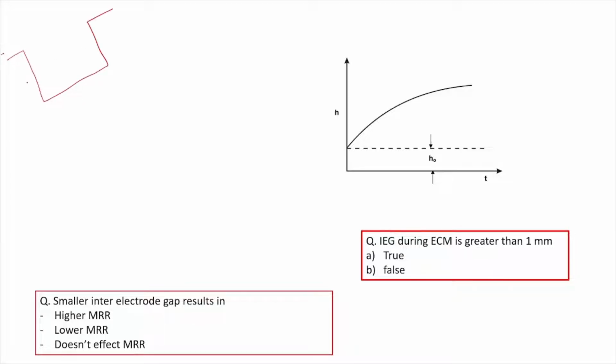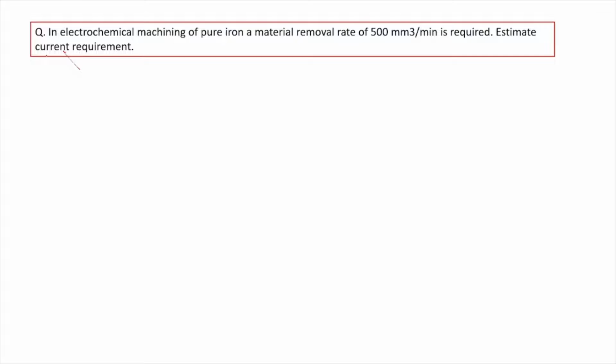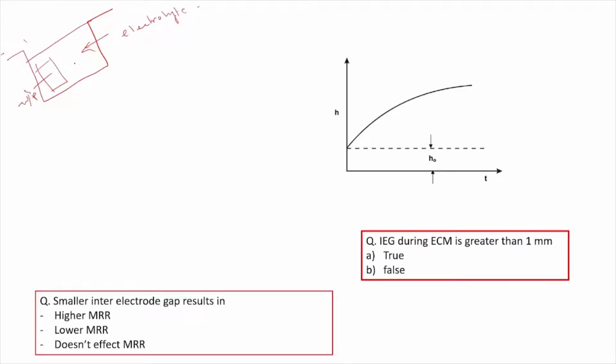So, say if it's an electrolyte, if we refer to previous figures, and say for example this is the job or workpiece, and this is the tool.